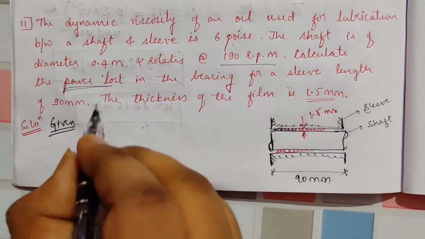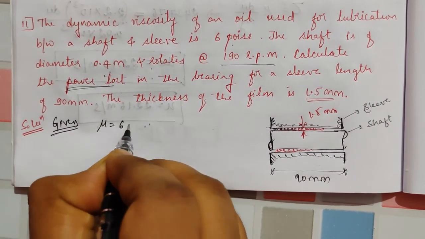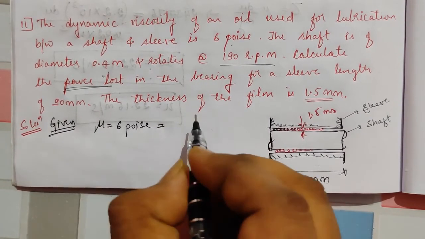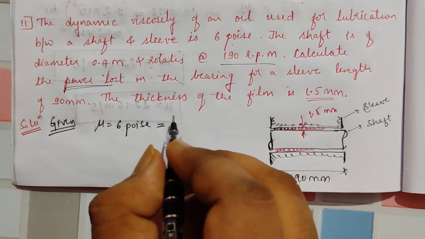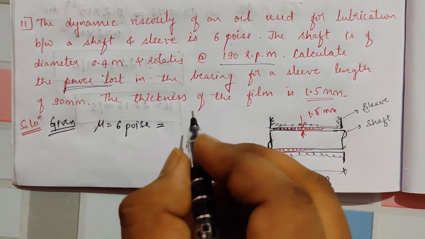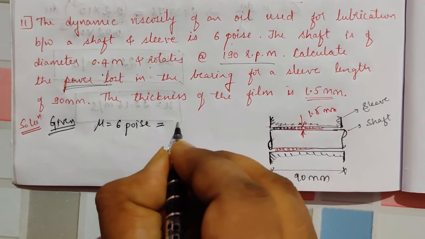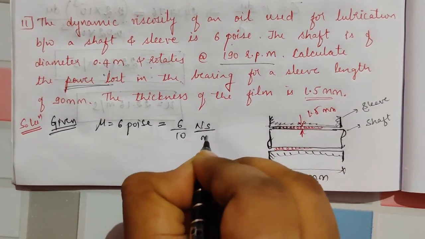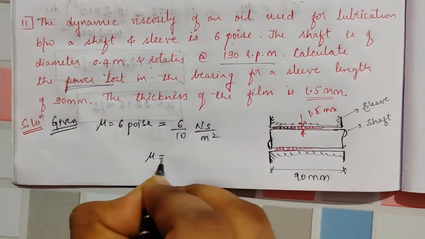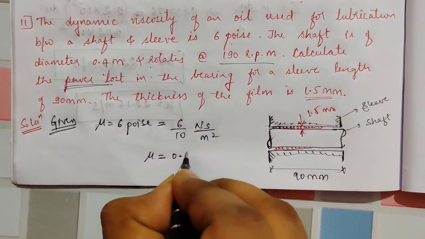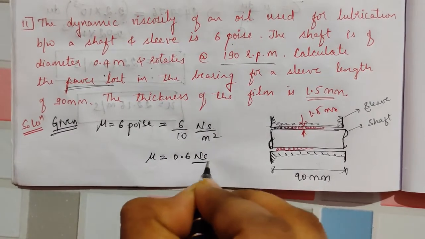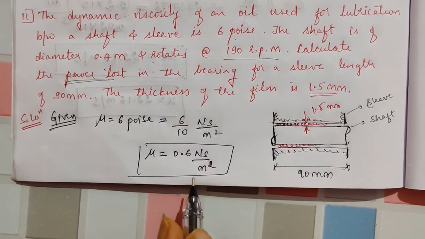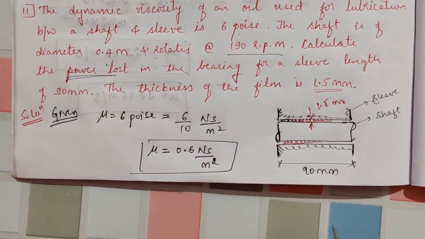The dynamic viscosity is given, that is mu equals 6 poise. I need to convert it to Newton second per meter square, right? So it will be 6 by 10 Newton second per meter square. If I simplify more, it will be 0.6 Newton second per meter square. For this problem, remember this 0.6 Newton second per meter square.